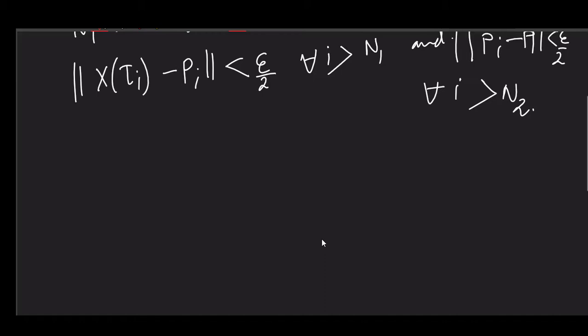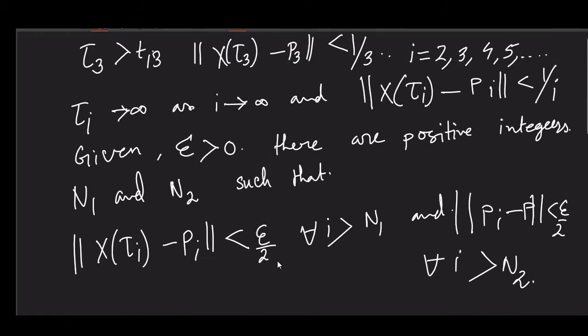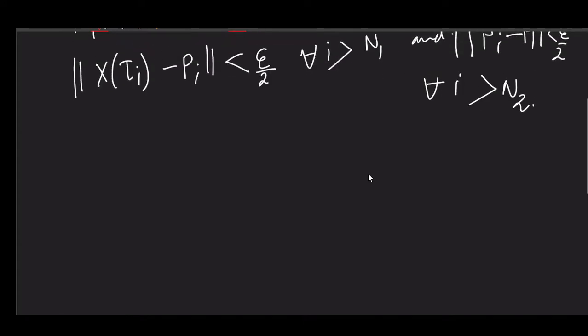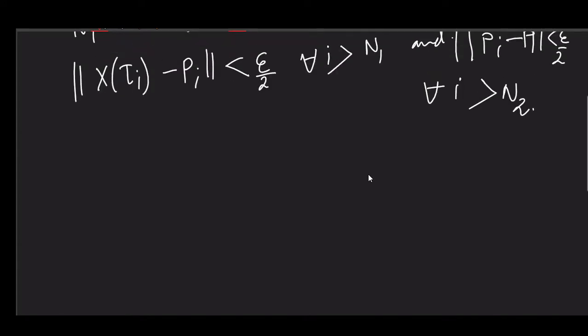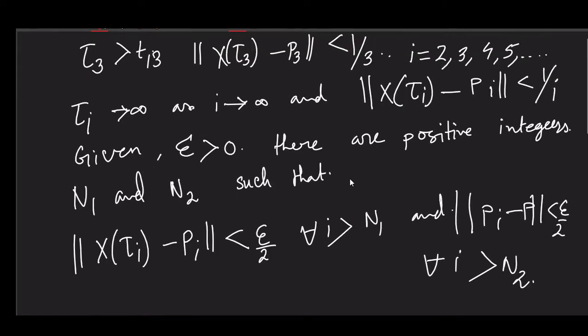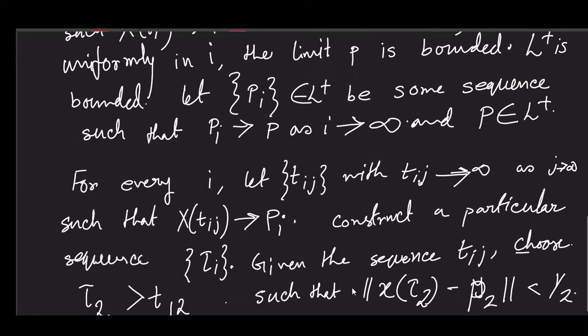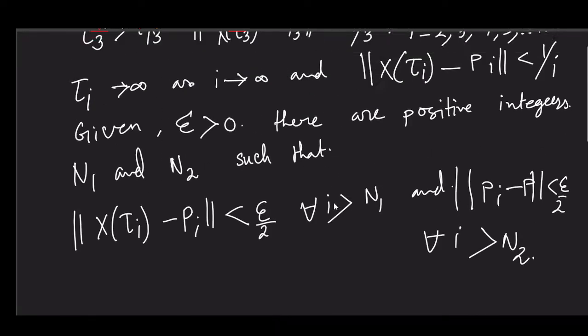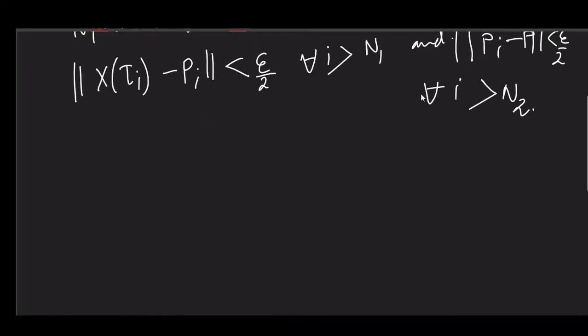The first inequality you can get from here, and the second one is that we have defined it in such a way that p_i tends to p as i tends to infinity. So from this it is clear that we can have such integers for which we get this.